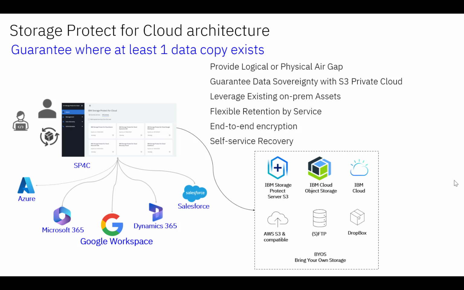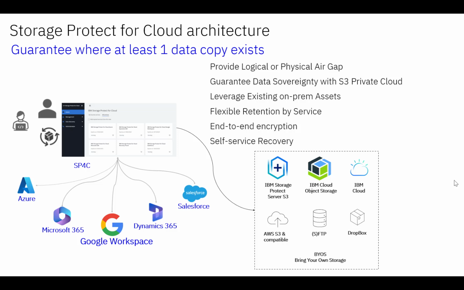So whether that's a native IBM application such as Storage Protect, Spectrum Scale, something newer like IBM Ceph, or you're utilizing IBM Cloud Object Storage either on-prem or in the cloud, we can guarantee where at least one copy of your data exists. So we can provide a logical or physical air gap. We can guarantee data sovereignty if we're using an S3 private cloud, or you can leverage your existing on-prem offering.